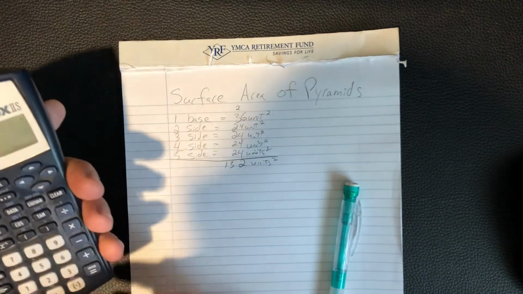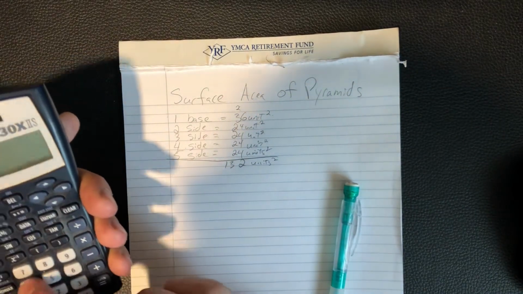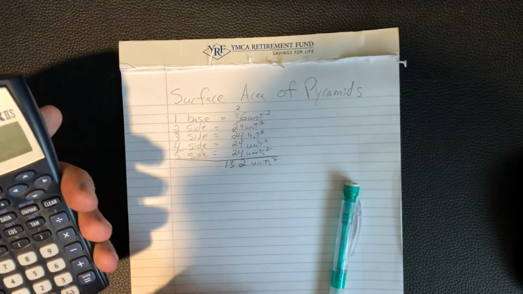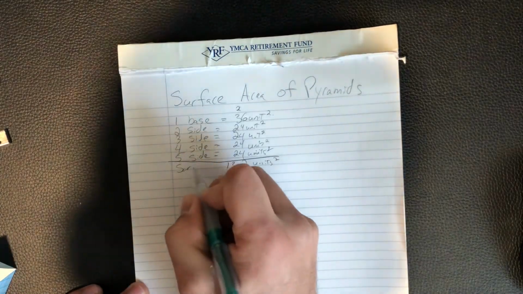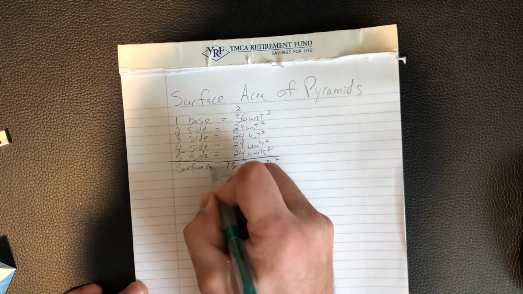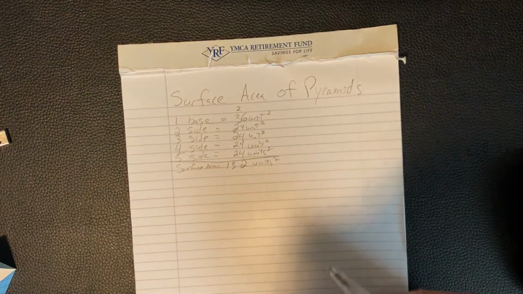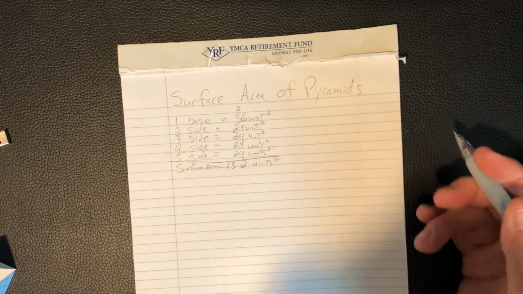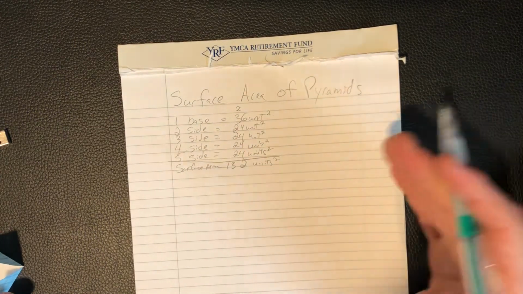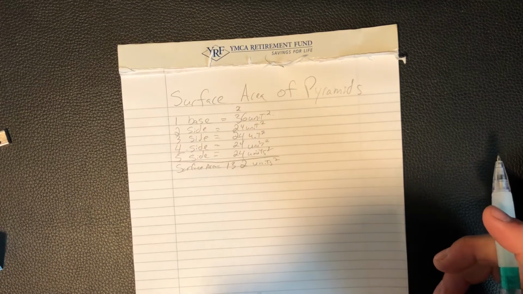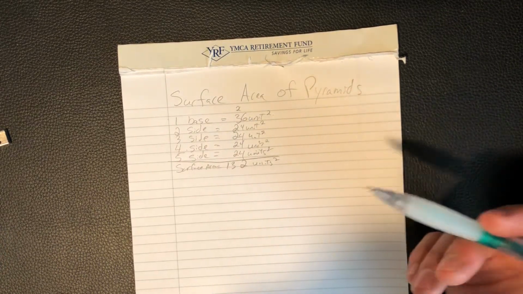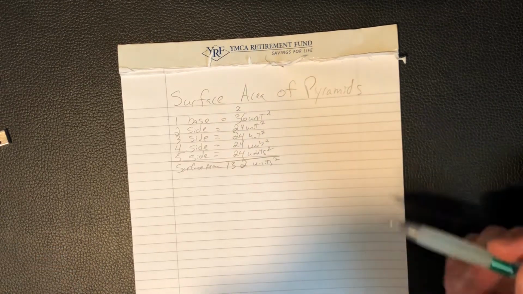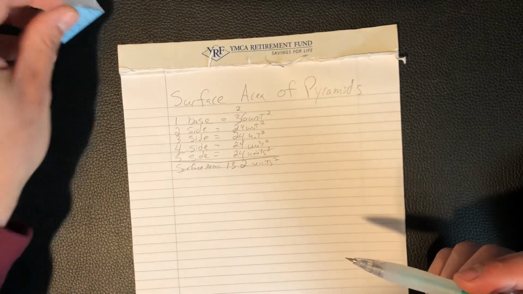And let me take a calculator real quick and just double check my addition. 132, perfect. So that is the surface area of my square pyramid. Now, the reason why it's called a square pyramid is because the base is a square. Pretty straightforward. So we simply figure out how many sides there are, figure out the area of each side, and then add them up. That's our square pyramid right here.